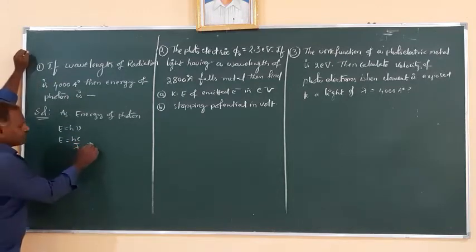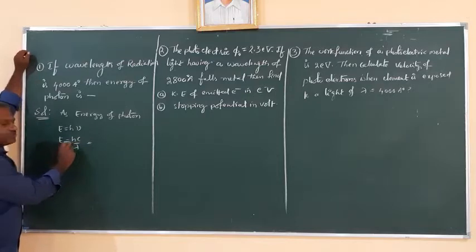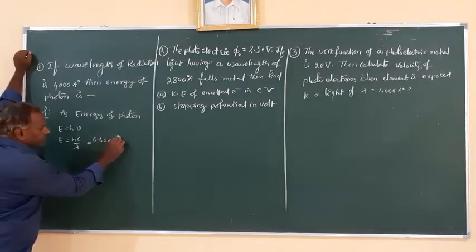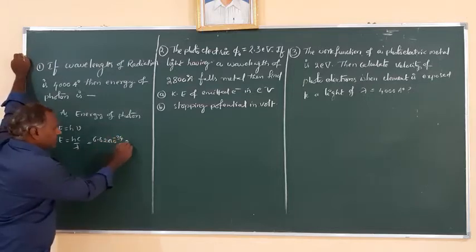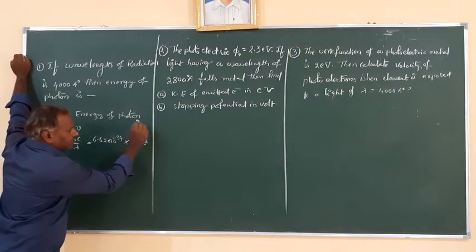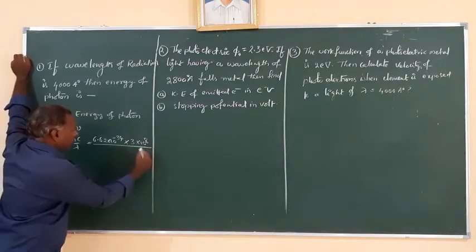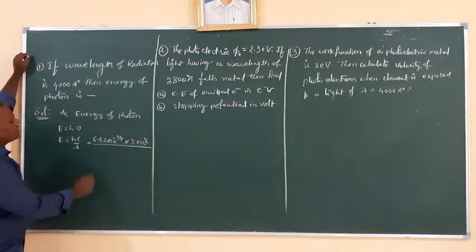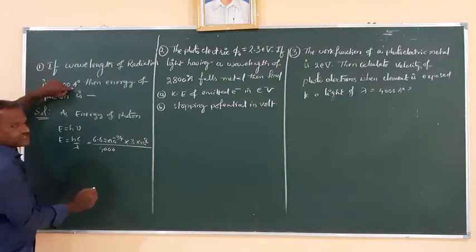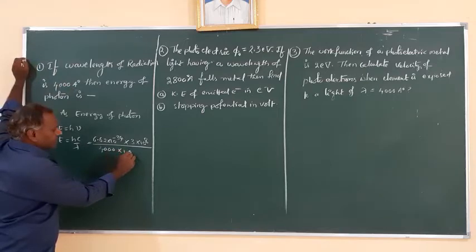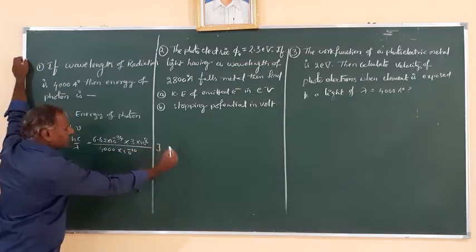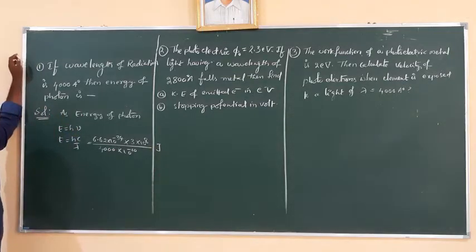When you substitute the values, h, Planck's constant, 6.62 into 10 power minus 34 joule second, multiplied with the velocity of light 3 into 10 power 8, upon the wavelength. The wavelength is given here as 4000 angstrom units. An angstrom unit is 10 power minus 10 meters. So now this is the energy you get in joules, right?